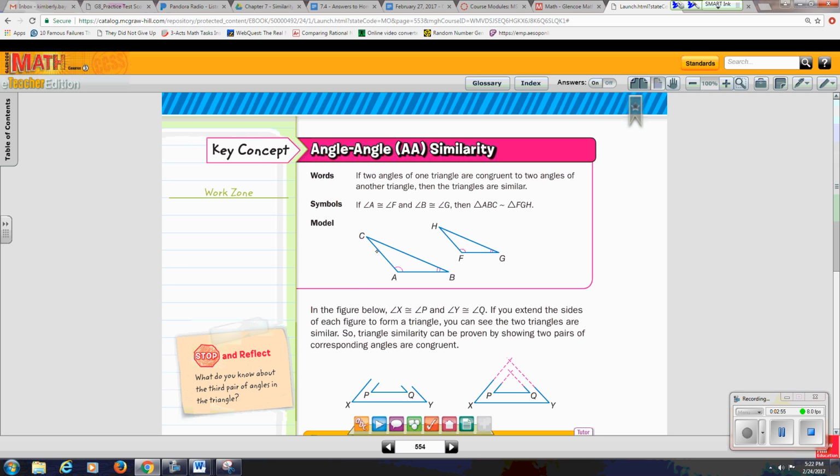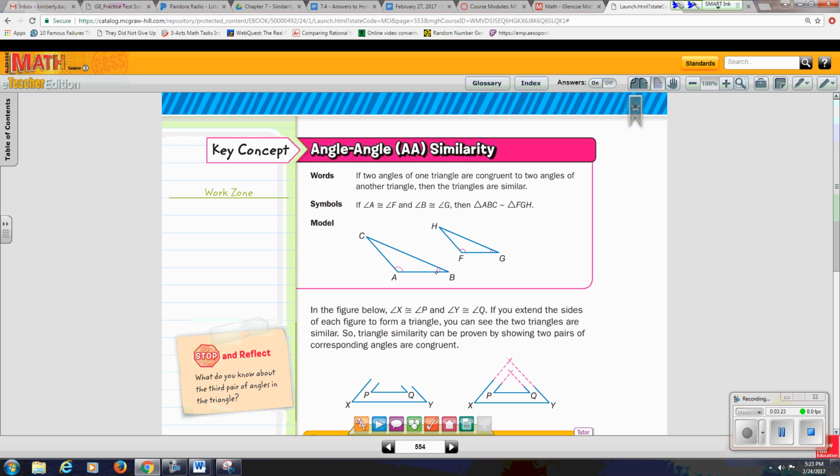I can look at this triangle and see visually that this triangle is larger, but I know that the measurement here is equal to the measurement here. These two angles are congruent because of the arcs. And the two arcs here and the two arcs here tell me that angle G and B are also congruent. Well, if these two are congruent, I have to know that the third angle is congruent, going back to that 180 degrees.